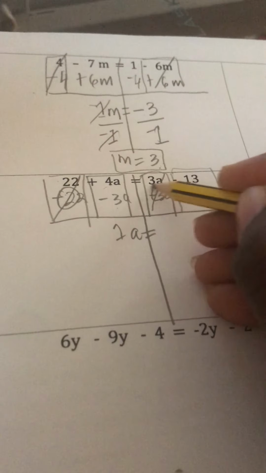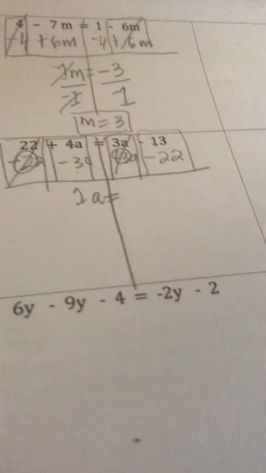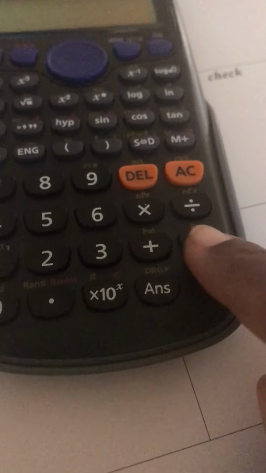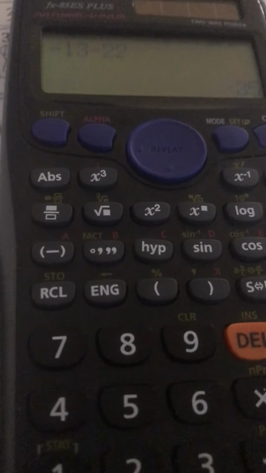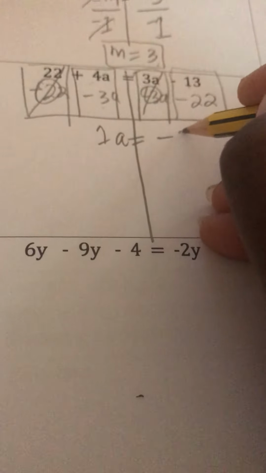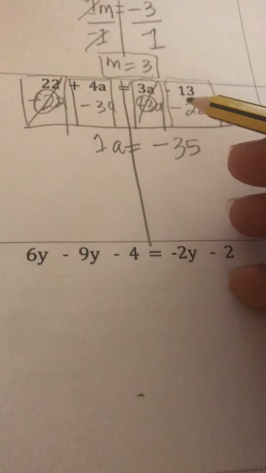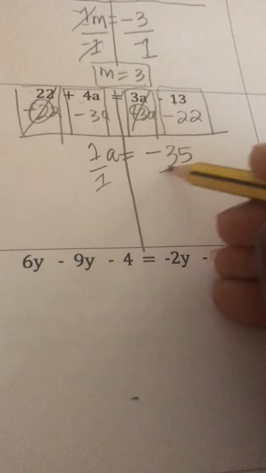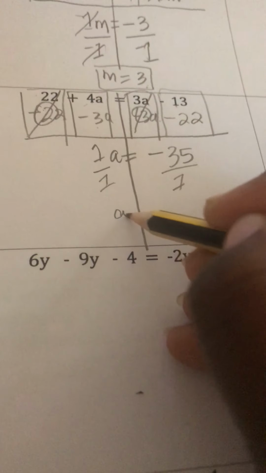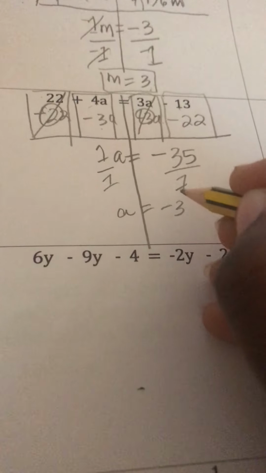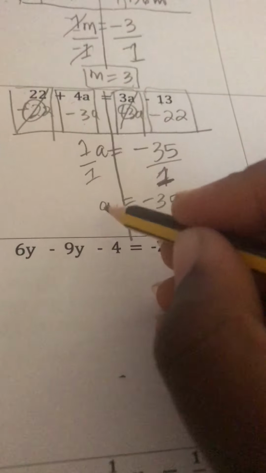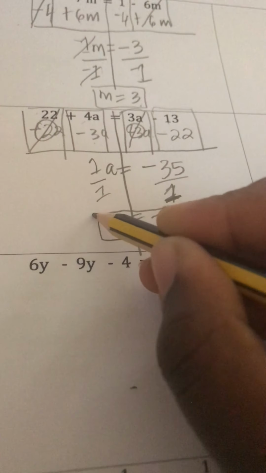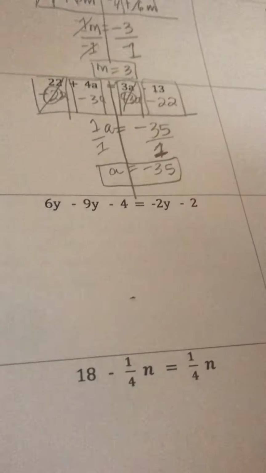This becomes 0. Negative 13 minus 22. Negative 13 minus 22 should be something with a 5. 35, negative 35. So divide both sides by 1. It doesn't matter, it shouldn't even, but a equals to negative. This is 1, not 7. This is 1. Equals to negative 35. Please do your check.